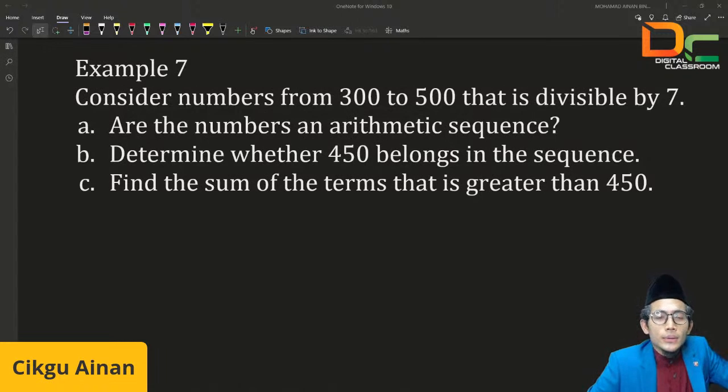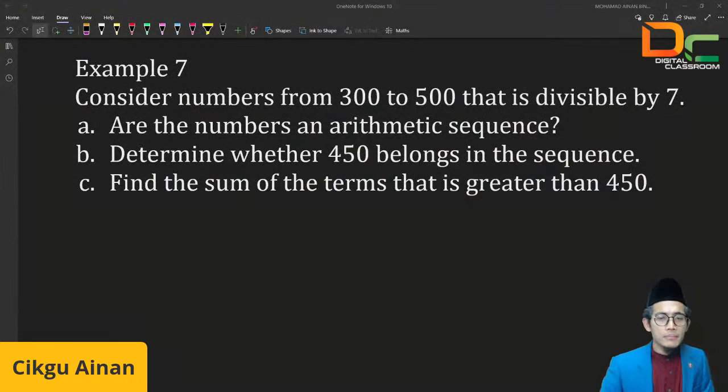The next one is: consider numbers from 300 to 500 that are divisible by 7. Previously the word that we found is multiple of 3. This one is divisible by 7.